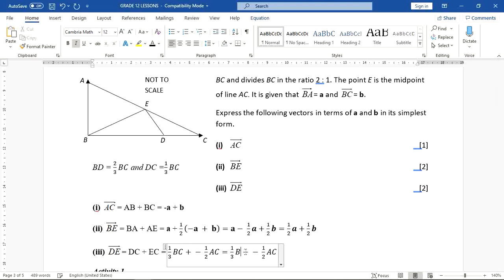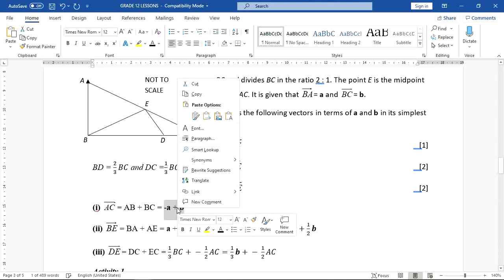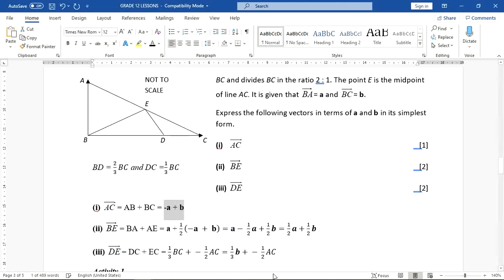So I'll put a small b here, and then I bold it. And then AC, what is AC? AC is none other than minus A plus B. So this is AC. I copy that. I delete, open the bracket, close the bracket, then I put it in.